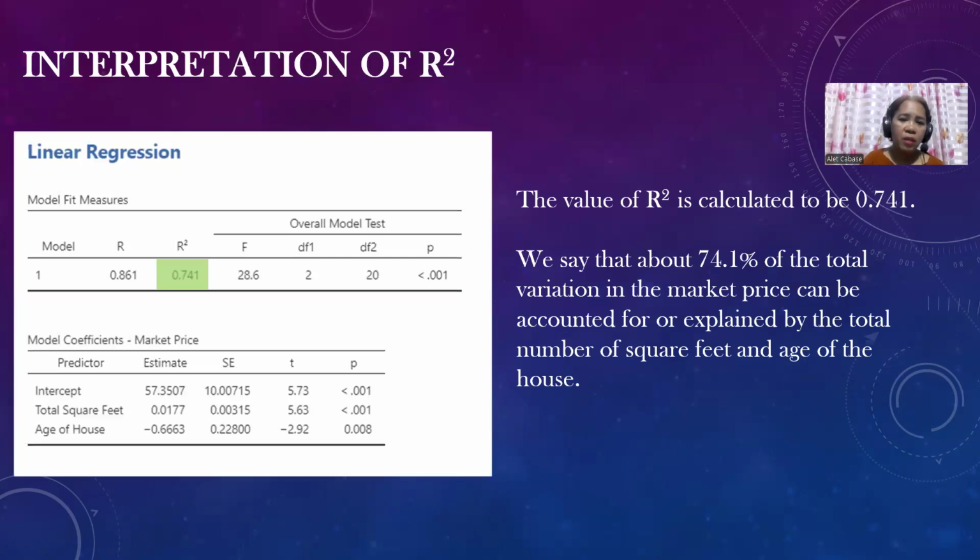So the interpretation of the R squared. The value of the R squared is calculated to be 0.741. Okay. So we say that about 74.1% of the total variation in the market price can be accounted for or explained by the total number of square feet and the age of the house.